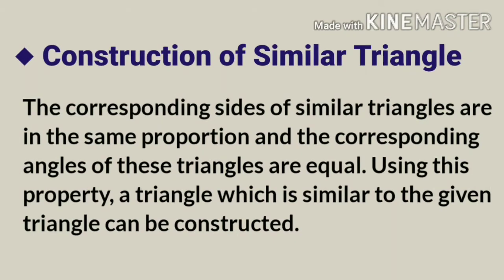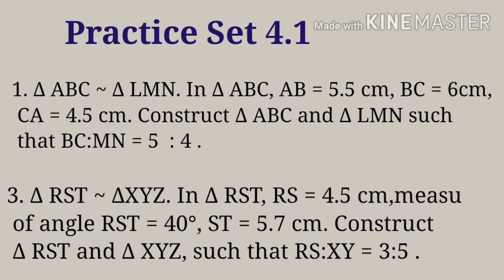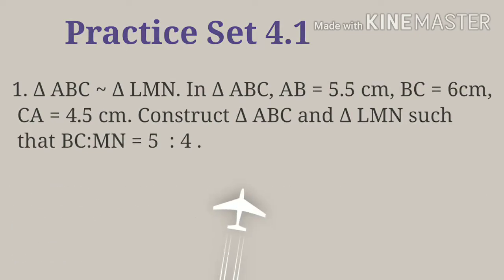With the help of examples, we try to understand how to construct similar triangles. In this video, we will learn example 1 and example 3 in practice set 4.1. So let's start with example first.